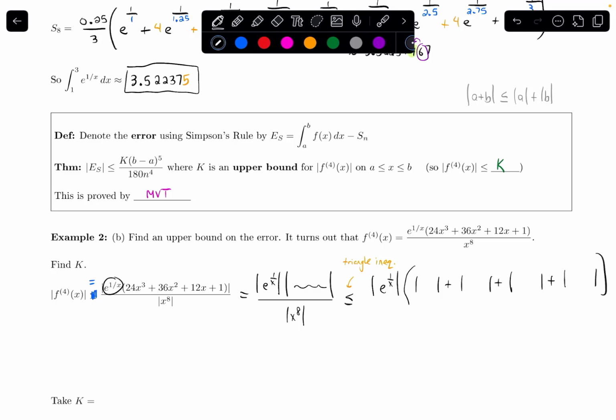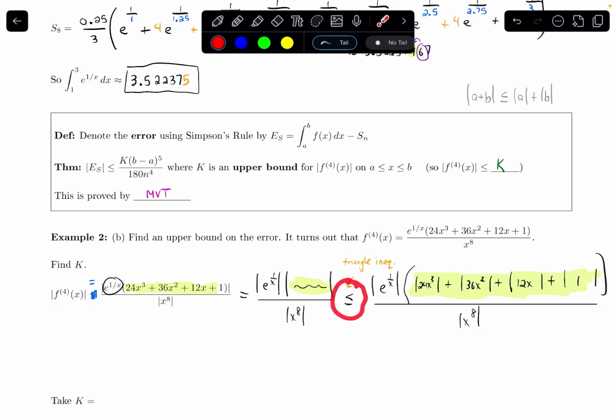So I'll get 4 absolute values added together: 24x to the 3 in the first, 36x squared in the second, 12x in the third, and just 1 in the last one, all over my denominator, the absolute value of x to the 8. So we used the triangle inequality on the stuff in parentheses, and notice this is not an equal sign, it's an inequality.